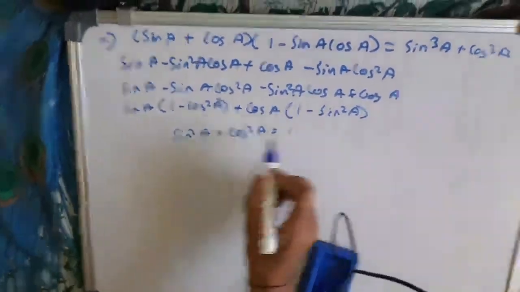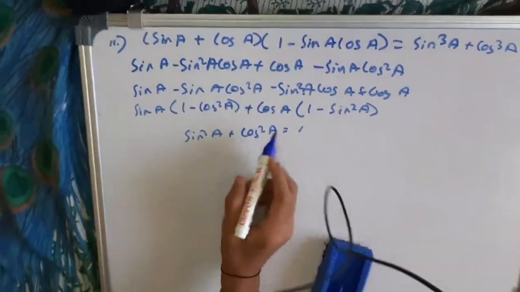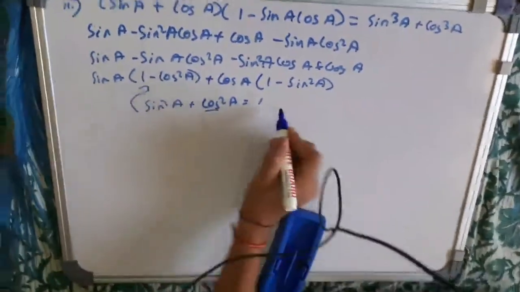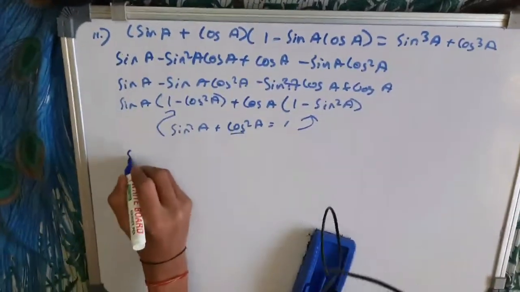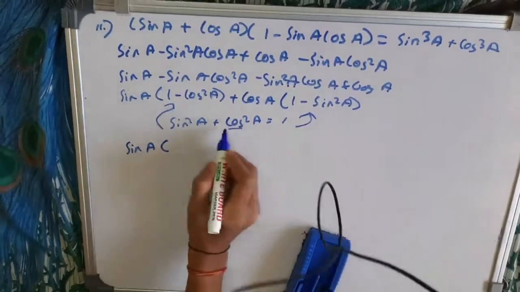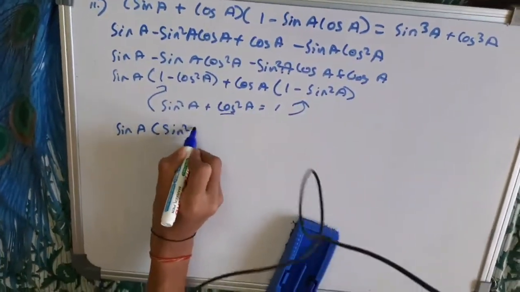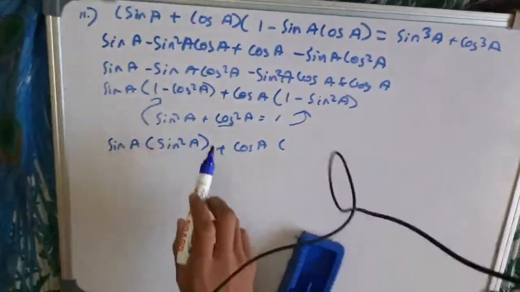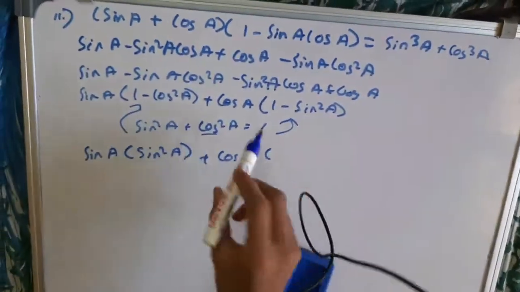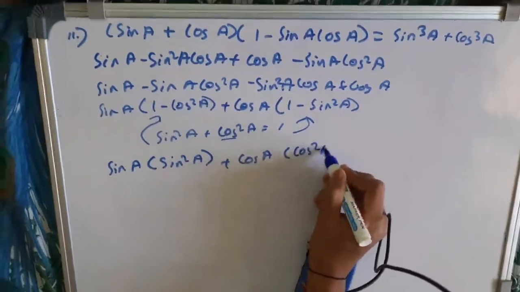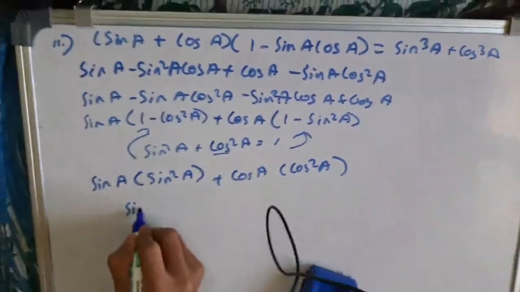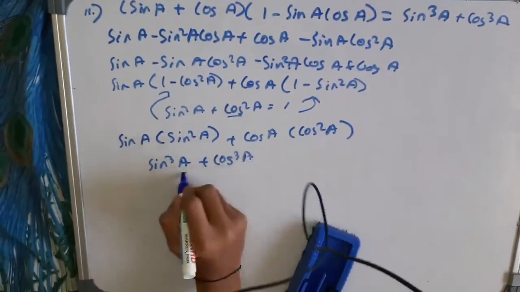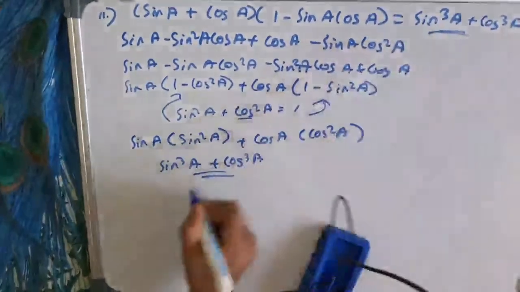From here 1 minus cos square a equals sin square a and 1 minus sin square a equals cos square a. So putting these values in these brackets, sin a times sin square a plus cos a times cos square a is sin cube a plus cos cube a. Hence we are done. Hence proved.